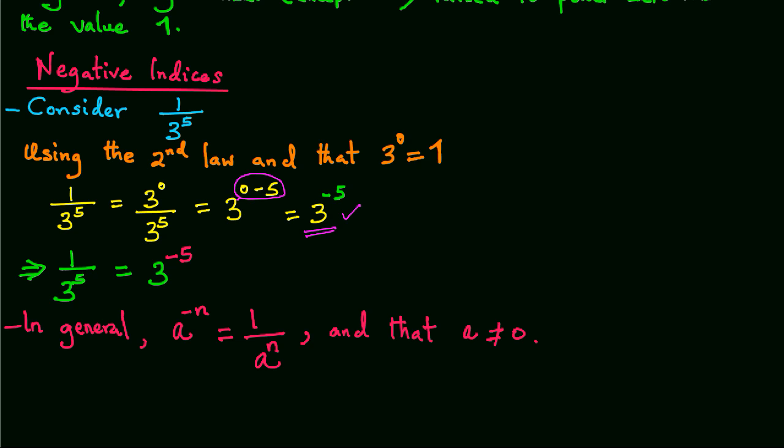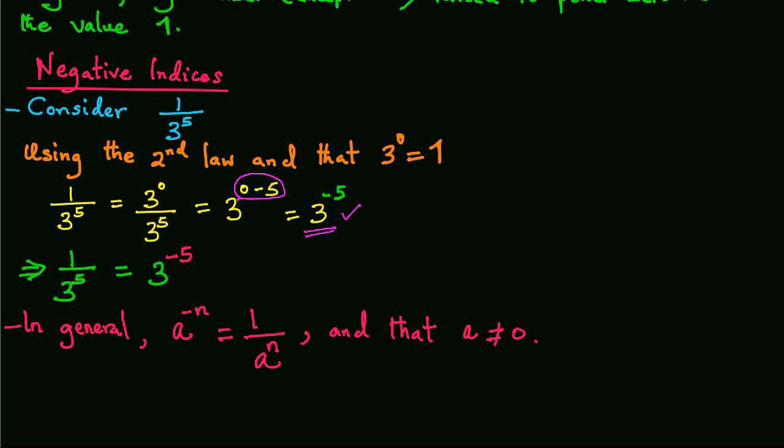Now, in general, a number raised to a negative index will be equal to 1 over that number raised to a positive index.